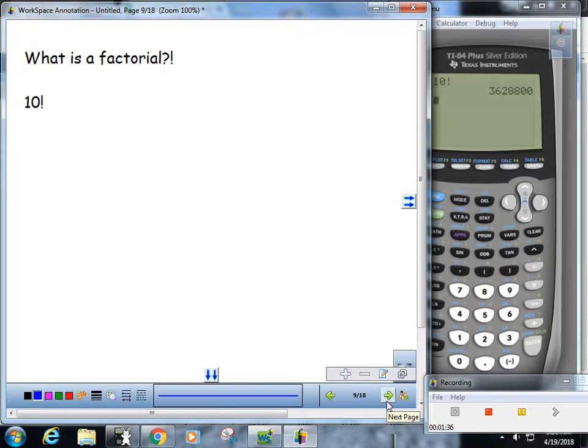Now let's talk about factorials. What is a factorial? Well, just so you know, this is a factorial. And to do this, you don't say 10. You do 10 times 9 times 8 times 7 times 6 times 5 times 4 times 3 times 2 times 1.